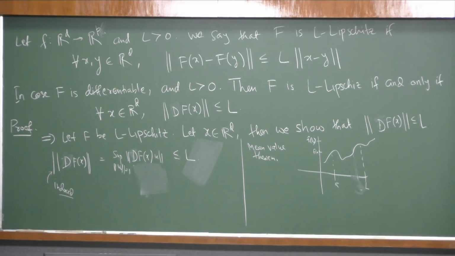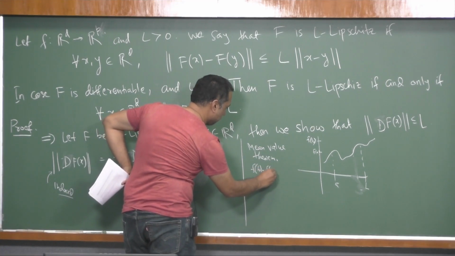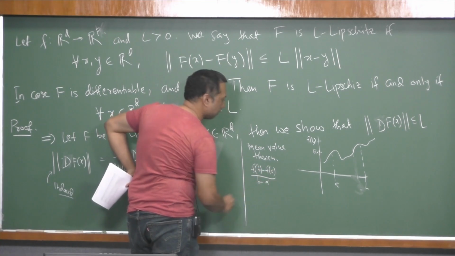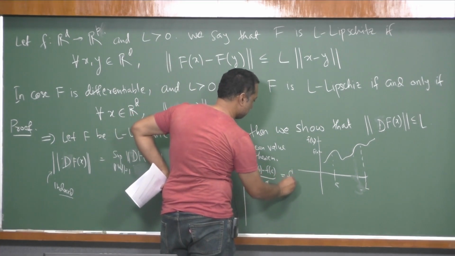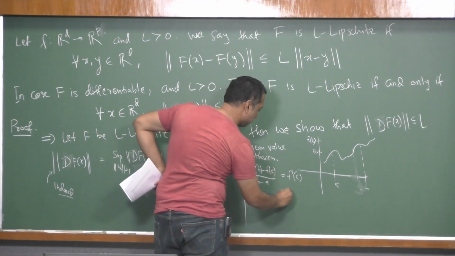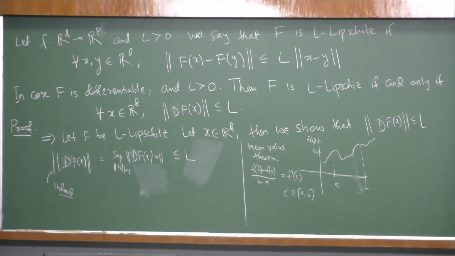The mean value theorem says that f(b) minus f(a), divided by b minus a, is equal to f'(c), where c exists in (a, b). In Rolle's theorem, they would assume that f(a) is equal to f(b), but that's fine. This is the general case.